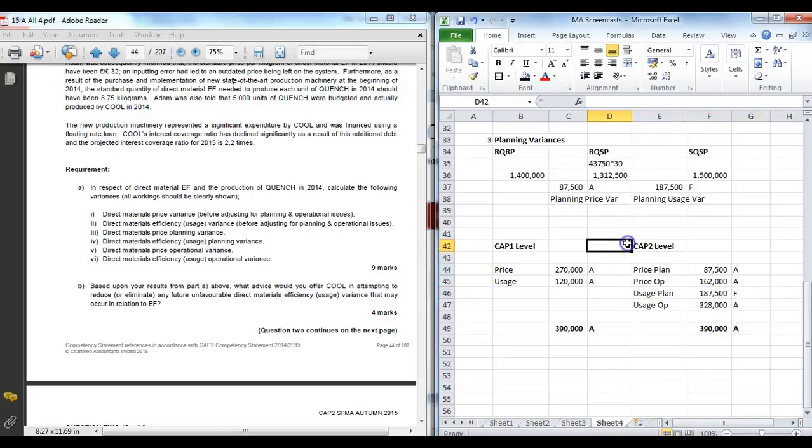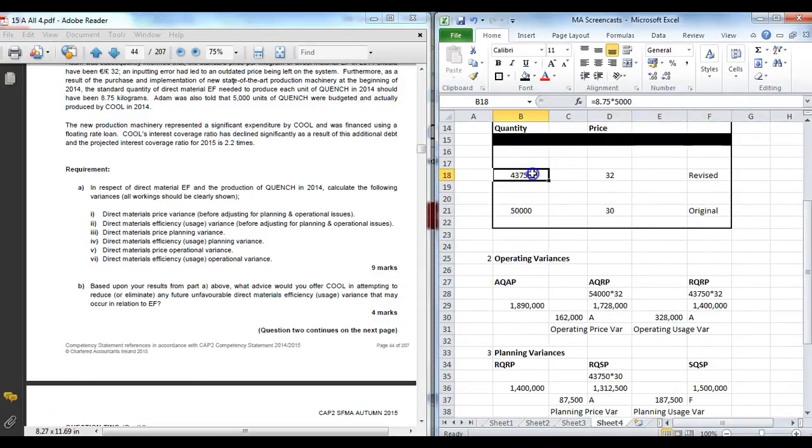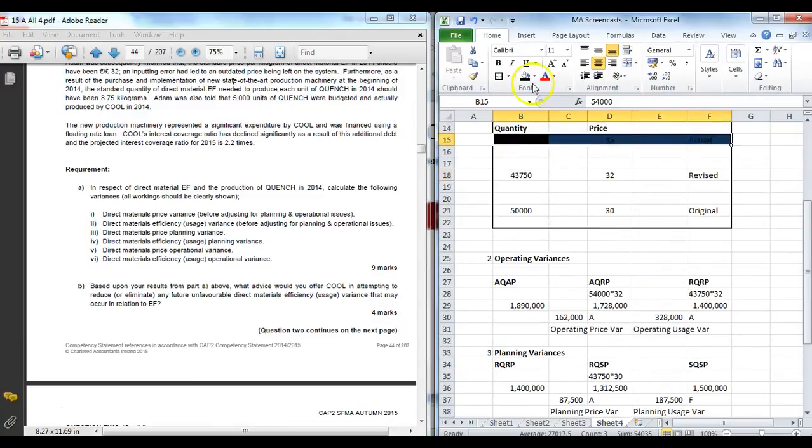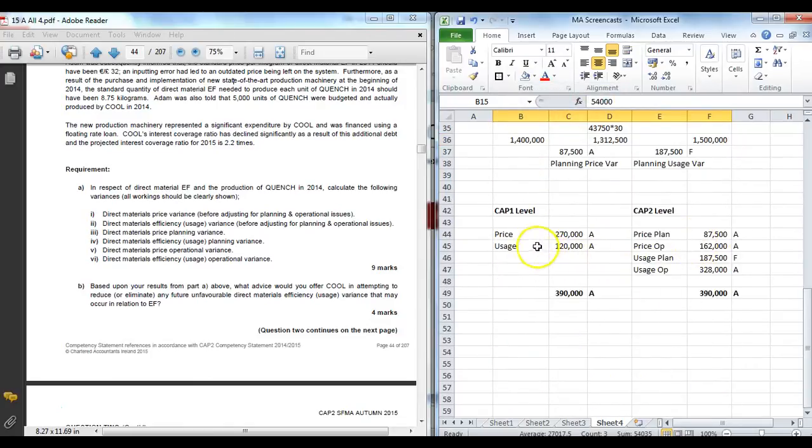So we expected to only use 43,750 kilograms, not 50,000. But it turned out we ended up using, if I unhide this, 54,000. So by just looking at the CAP1 level, it masks the fact that the managerial performance was even worse than this, because it also aggregates together the positive planning movement and the completely negative operational variance for the year.